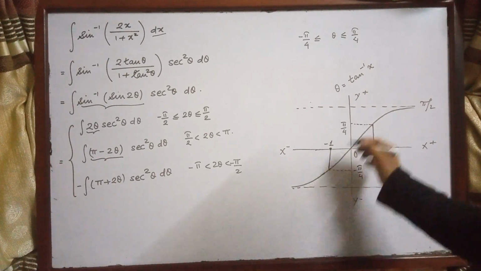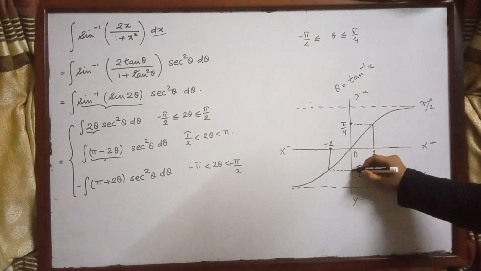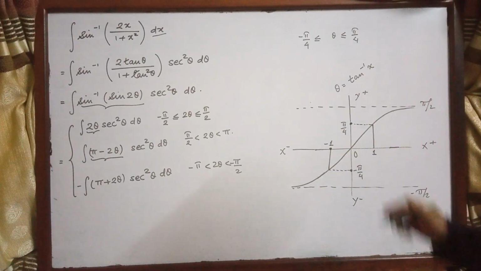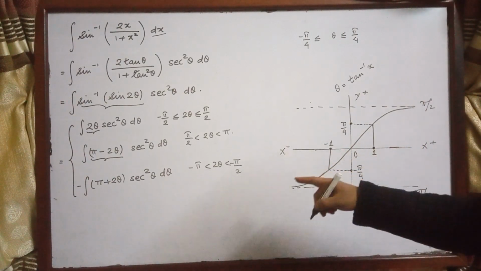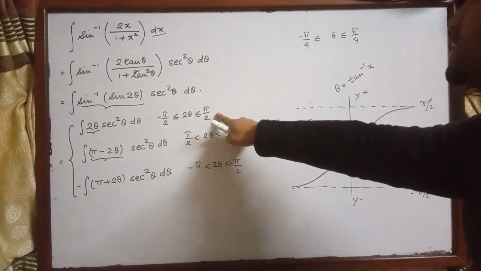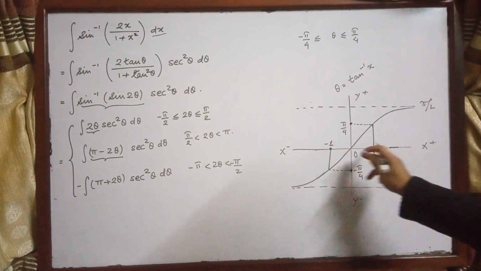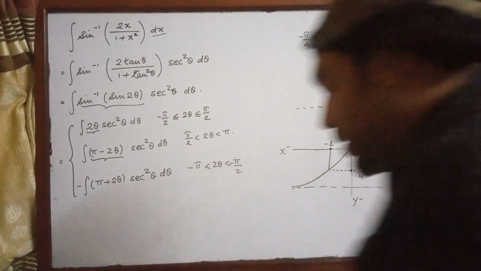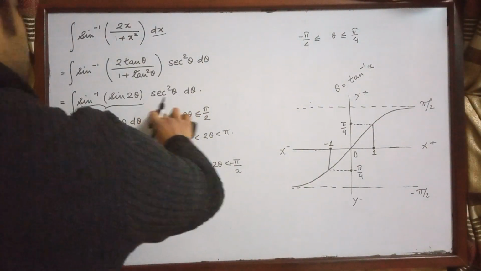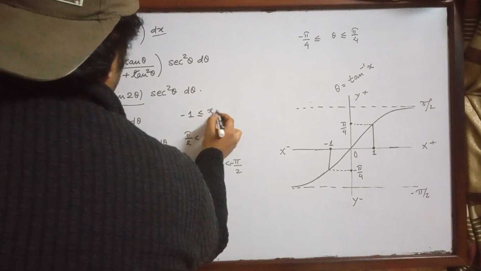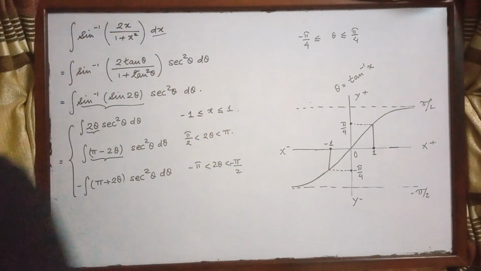So this interval corresponds to this interval, and so this condition reduces to x being between minus 1 and 1. So this is the case, minus 1 less or equal to x less or equal to 1.